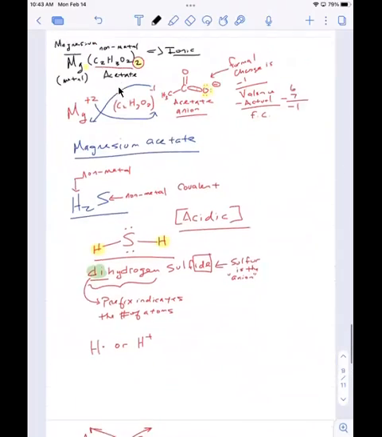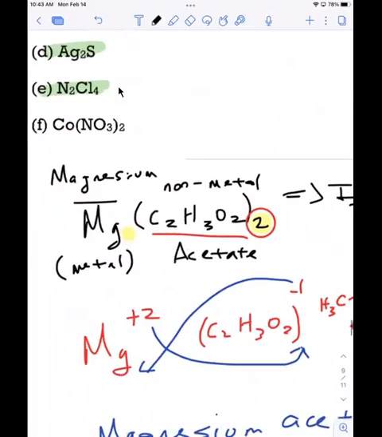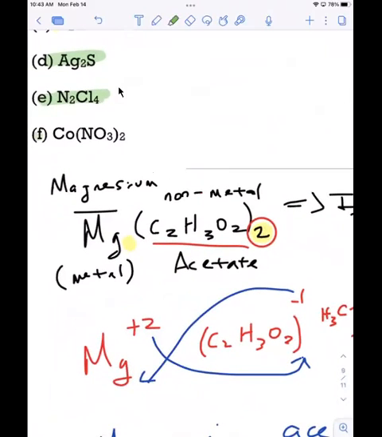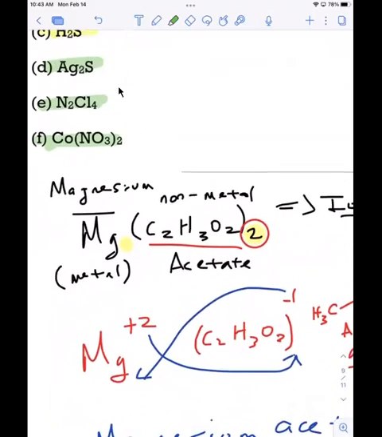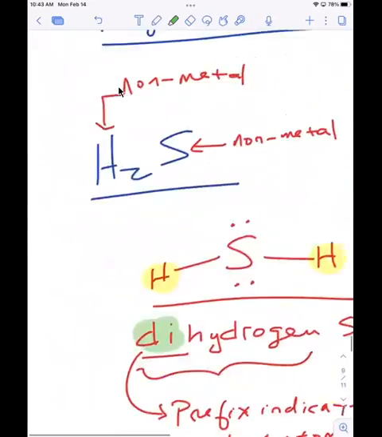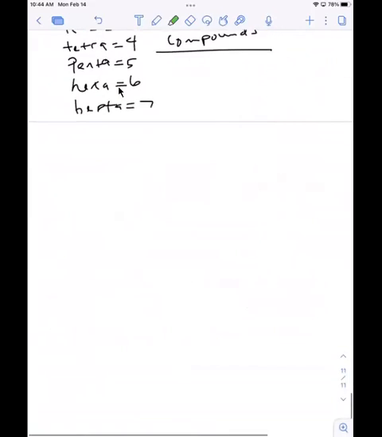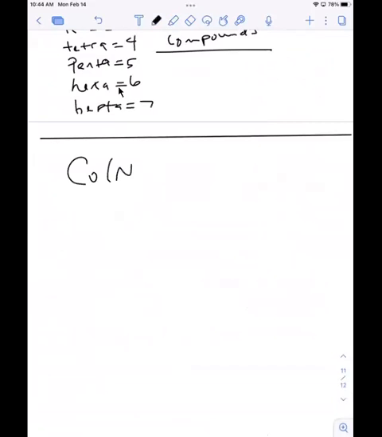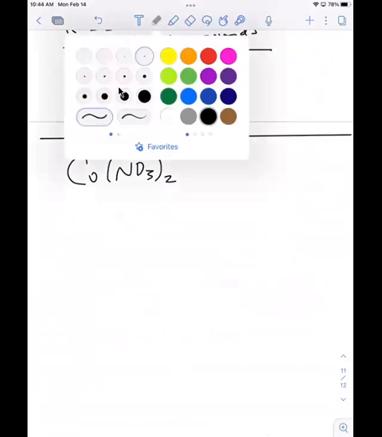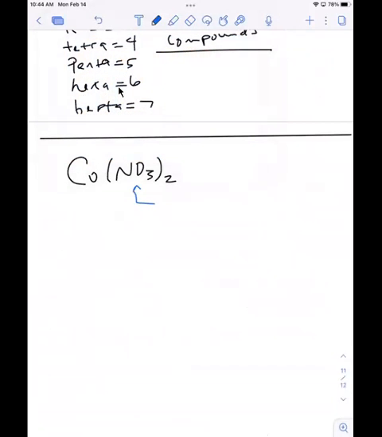All right, let's do this last one up here. Oh, it's a good one too. Look on that list of polyatomics and tell me what the polyatomic NO3 is. Nitrate. Good. So we've got another convention that we're going to discuss right here.